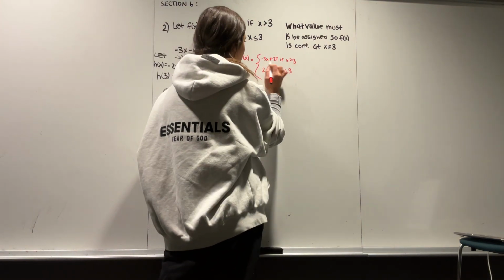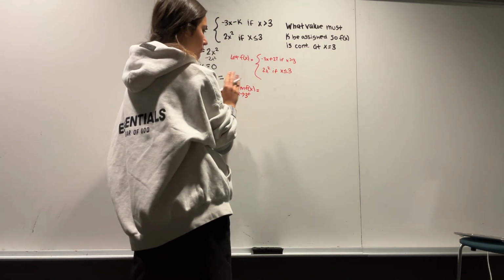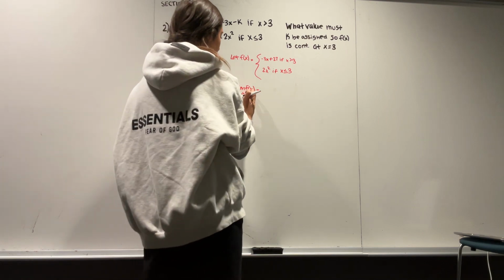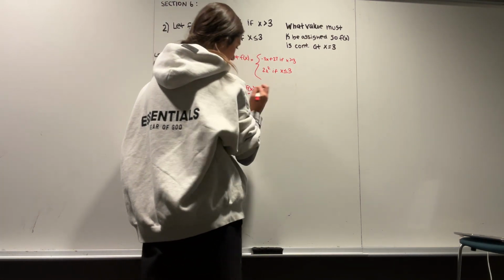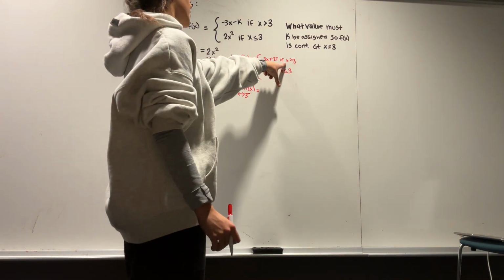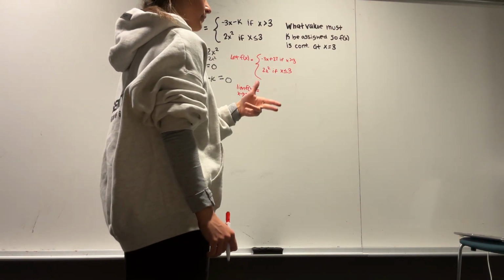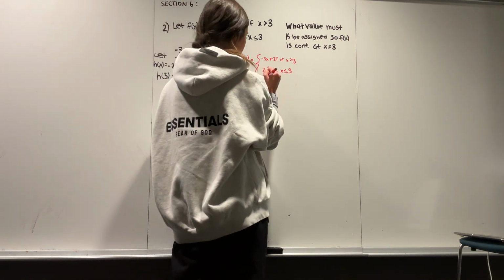So we'll use this equation here, and reverse what I said. That was what I was saying for approaching from the left. As you approach from the left, x should be greater than 3, therefore you're going to use this equation.